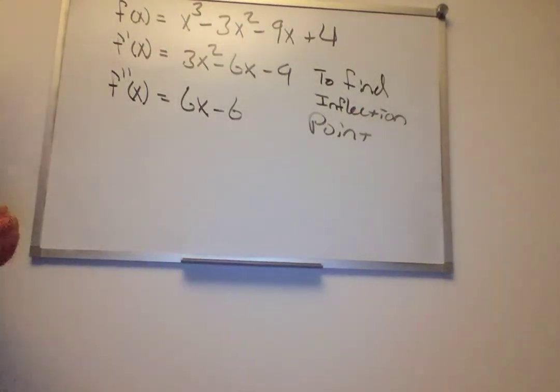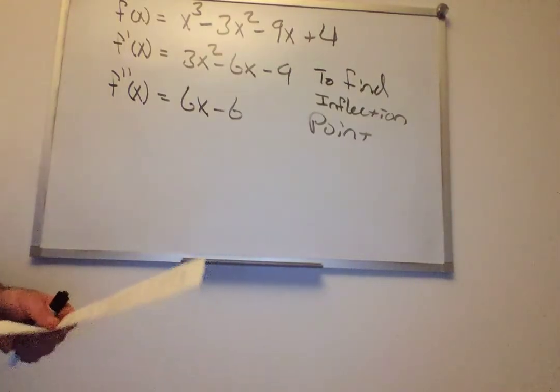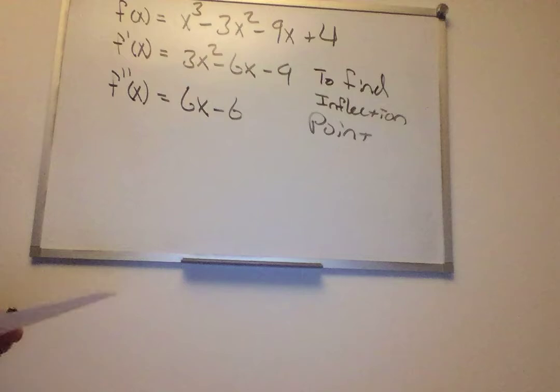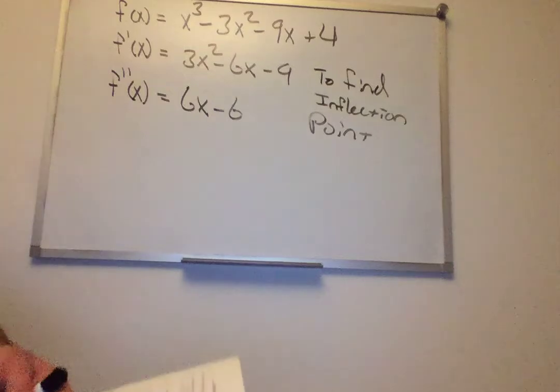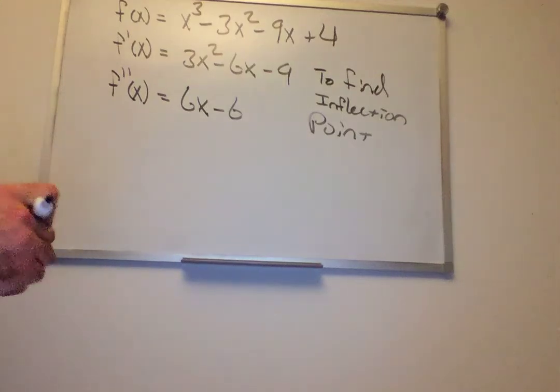Think about the first derivative test. What did we have to do when we did the first derivative test? The first thing we had to do was find the critical numbers. We had to take the derivative and set it equal to 0. To find the inflection points, it's very much like finding the critical numbers in the first derivative test.